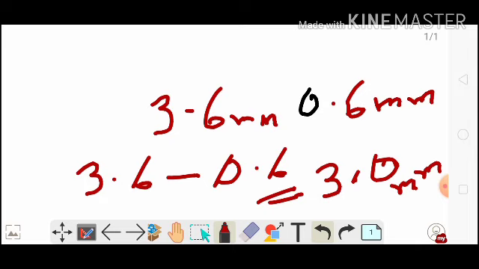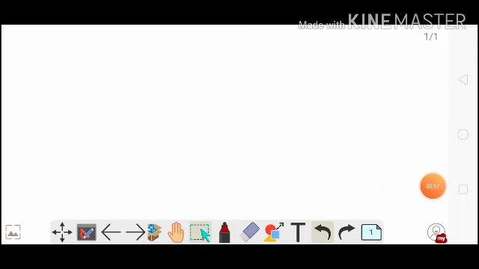And let's see if the instrument has negative zero error. Now if the instrument has negative zero error, the formula will be the same, just the sign will be altered for negative zero error.